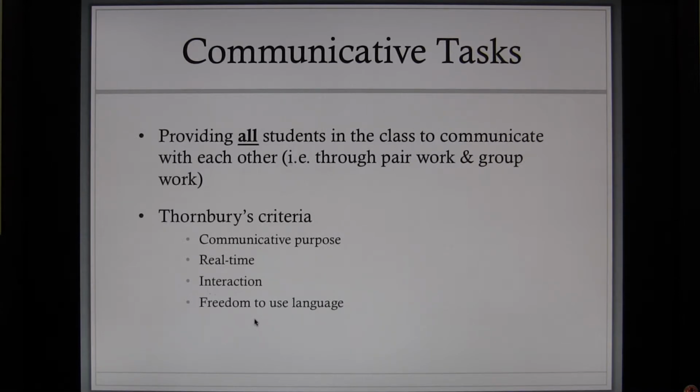He was asking questions and the students did have to answer in real time, but the interaction was so minimal, as I mentioned before, that I think that's one of the areas I would want to work on with this guy. The students did have freedom to use language, but because it was a whole class interaction, there was very, very little language that they actually produced.